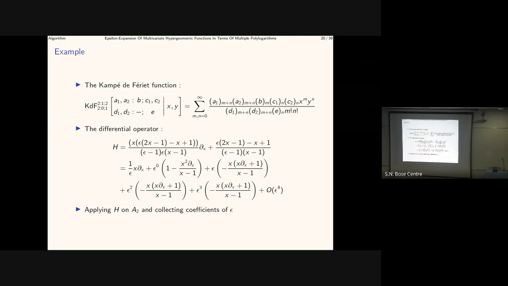We check that up to 30 decimal points it is matching. For small epsilon? Epsilon is taken to 0 after taking the derivative. We are just expanding in series by taking the derivative, and then for each coefficient we take epsilon goes to 0 at the end.